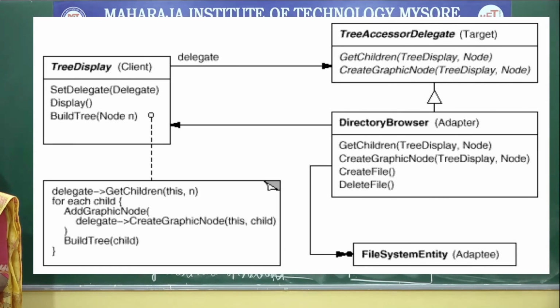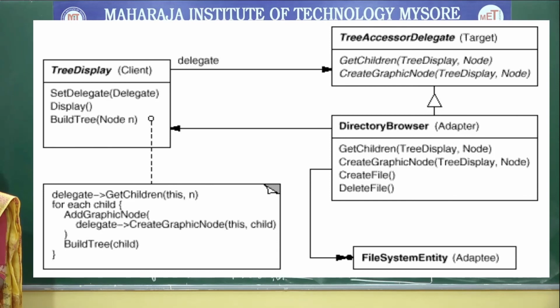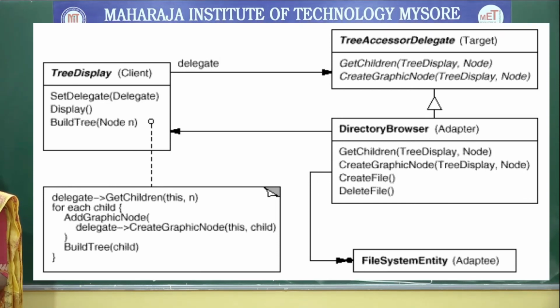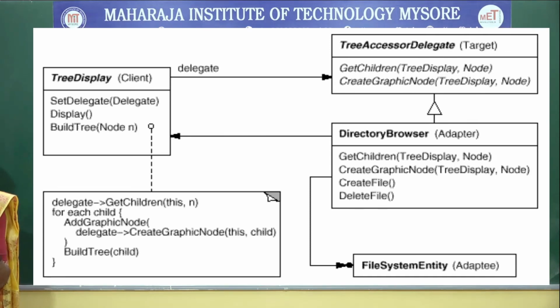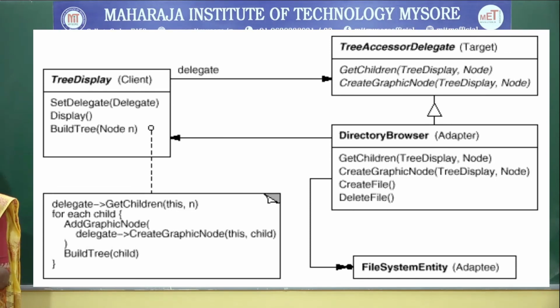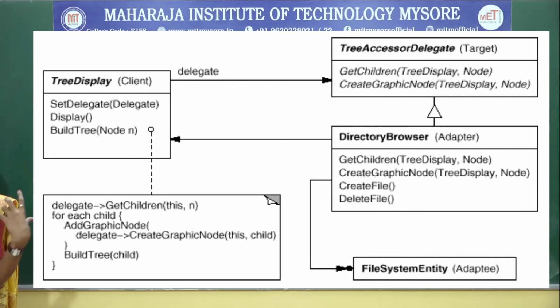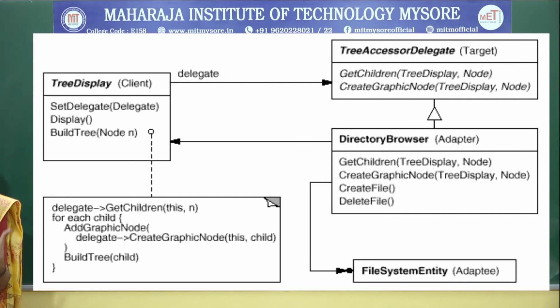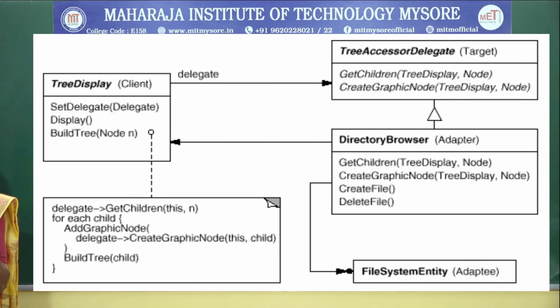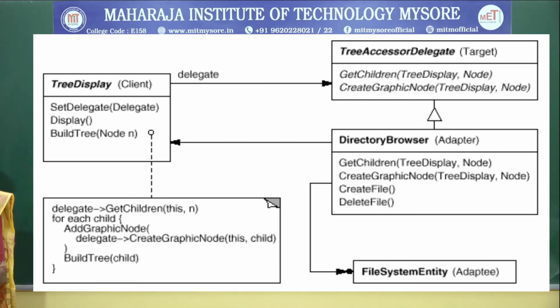It is going to use a get children method with a parameter. For each child you are going to have a graphic node, for example lines, circles, the different kinds of graphical objects I told you about in the previous example. For each node you are going to use this delegate operation. Using this sample code you are going to build a tree.